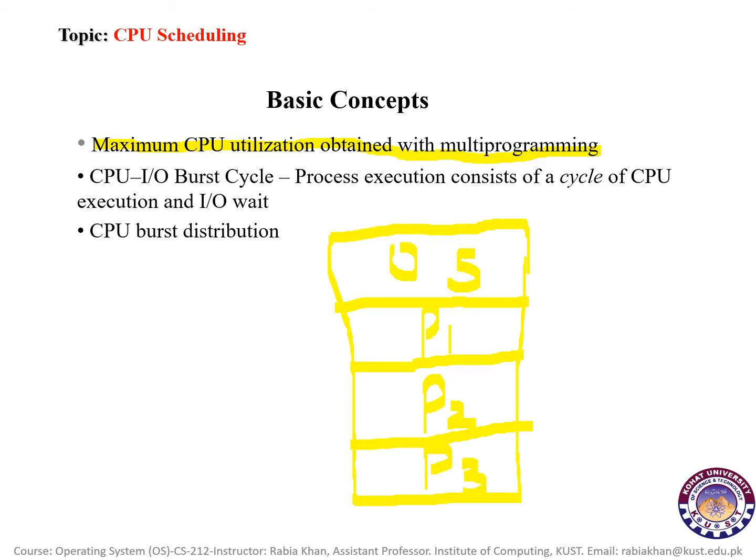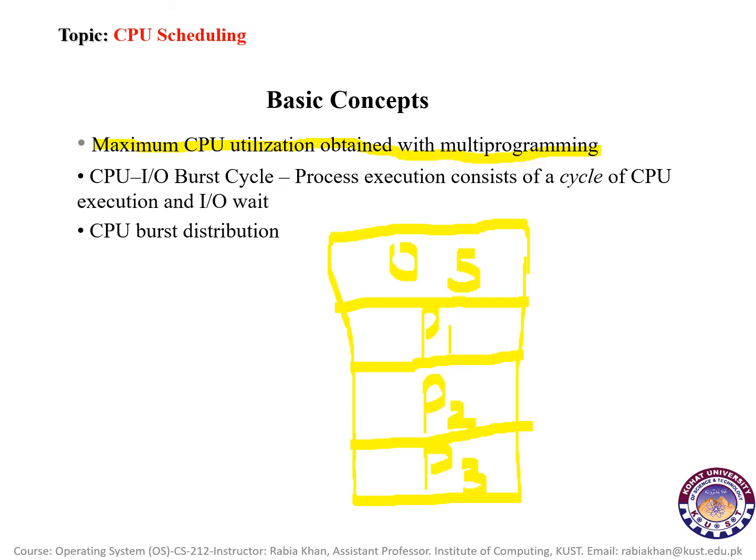The more processes are in RAM, the more CPU will be busy and it will remain idle for a very short time duration. I had already told you that 100% CPU utilization is still not achieved. Still CPU remains idle but for a very short duration. But we have achieved maximum utilization of CPU with multi-programmed systems.